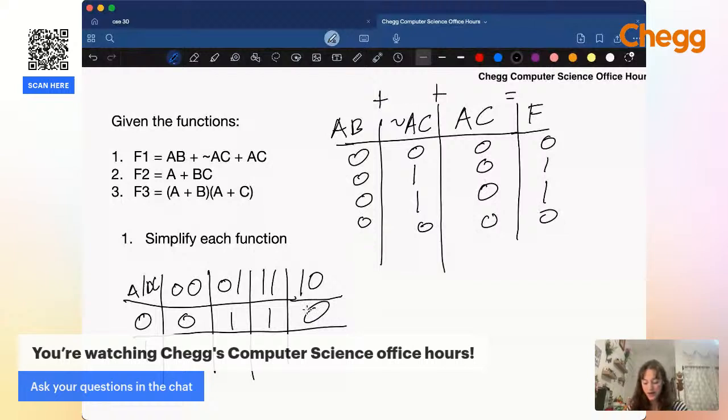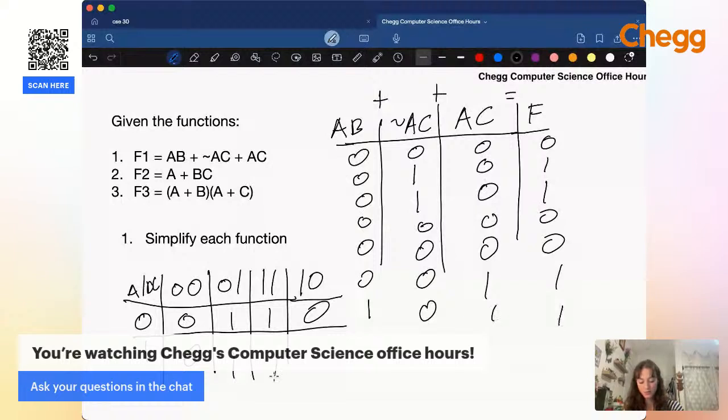So F is false there. And then 1, 0, 0 will be 0, 0, 0. 101 is 0, 0, 1. So F is true. 111 is going to be 1, 0, 1. So that's true. And then 110 will be that. All right. So we filled in that K-map.